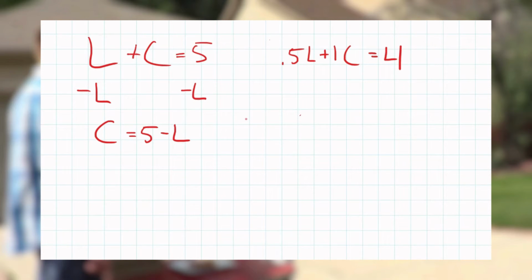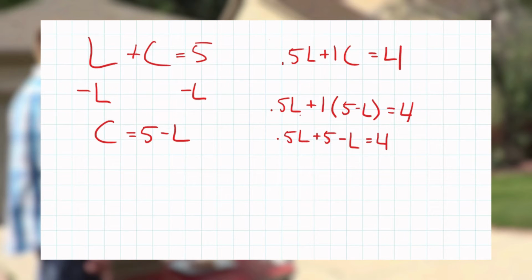By plugging C equals 5 minus L into 0.5L plus 1C equals 4, we get 0.5L plus 1 times the quantity 5 minus L equals 4. By distributing the 1 to the quantity 5 minus L, we get 0.5L plus 5 minus L equals 4.